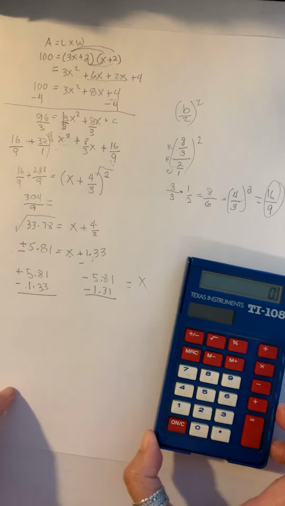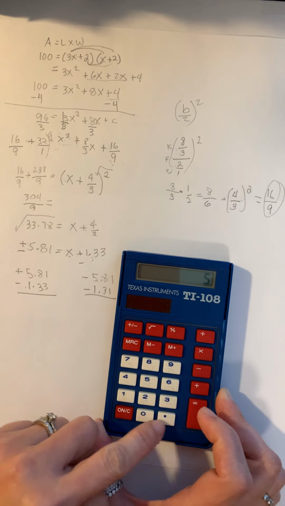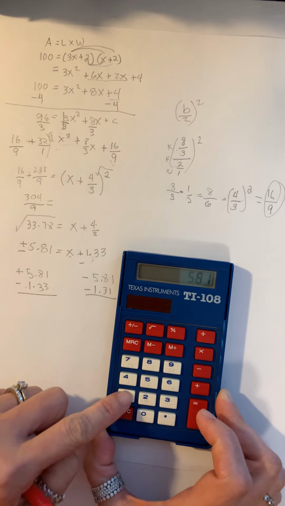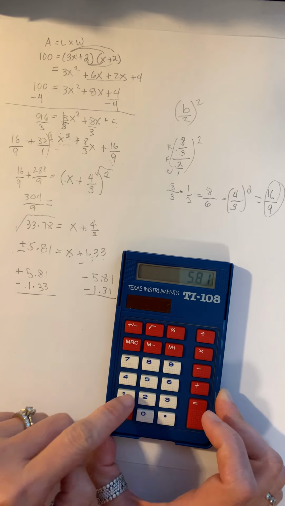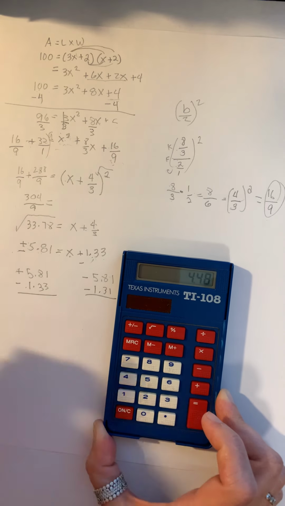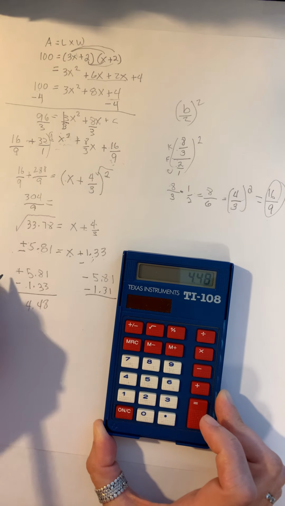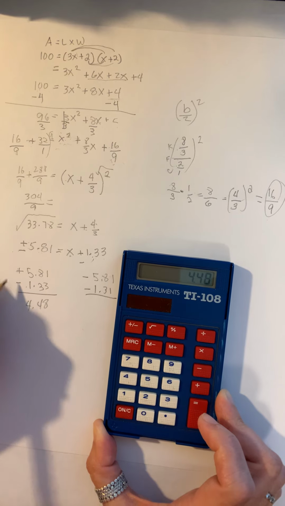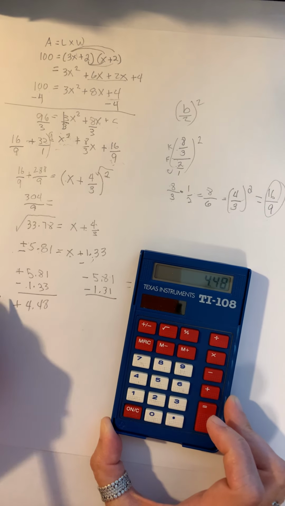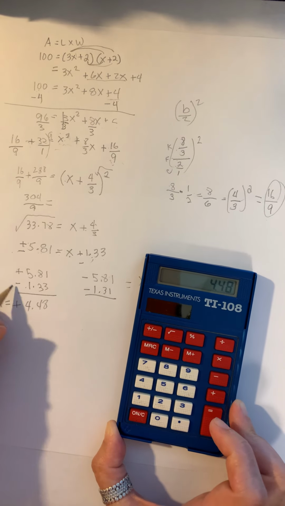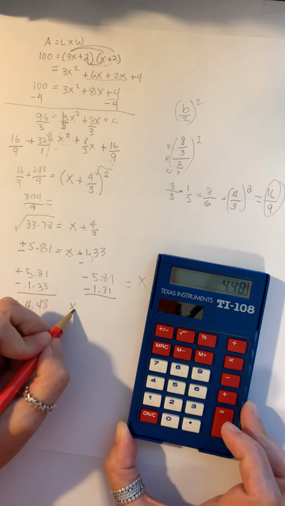Positive and a negative, I can't add them, I subtract them from each other. So 5.81 minus 1.33 is 4.48. Positive and negative, the positive is bigger, so I get the positive sign. So here's my first x. Here's the second x that I'm going to get.